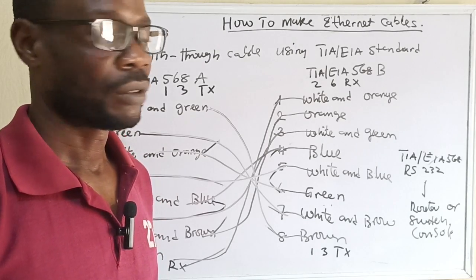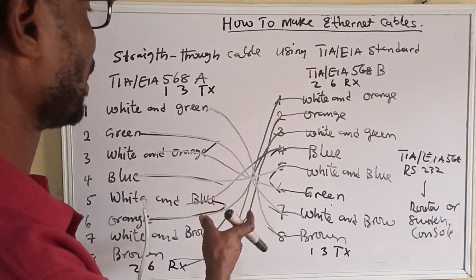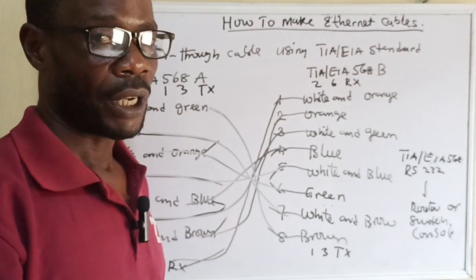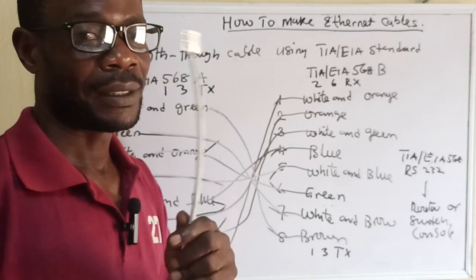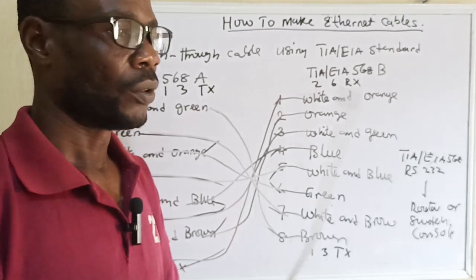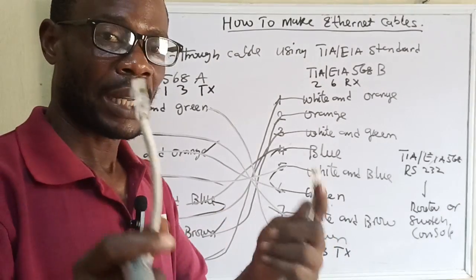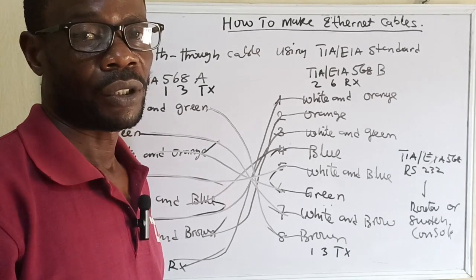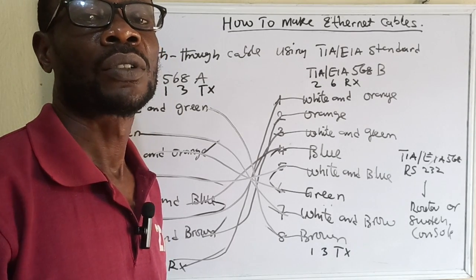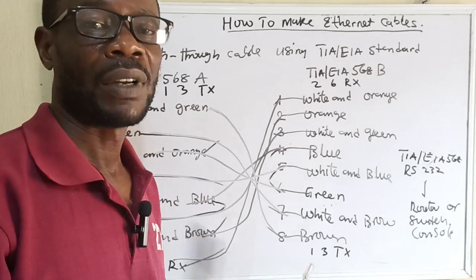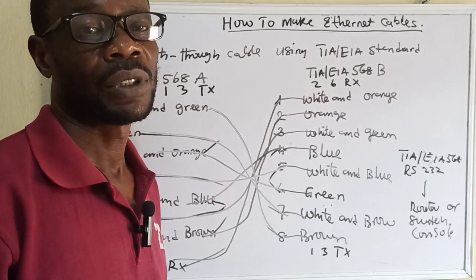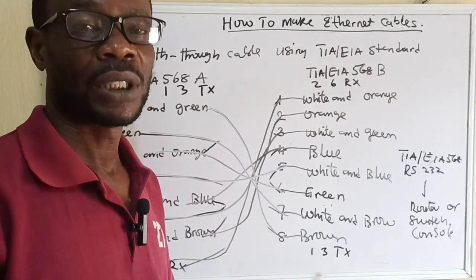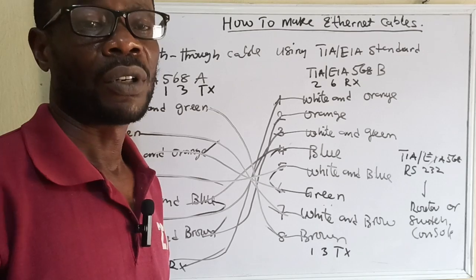So if you really want to do this cable, by making the crossover cable, the first one I did, automatically I did this. So you can use this crossover cable to perform this configuration. You can use it as a console port cable, as a rollover cable, or you can purchase rollover cables in the market for your configuration.